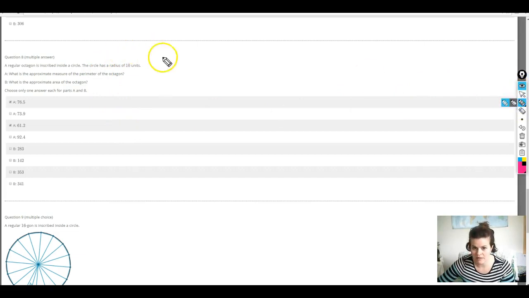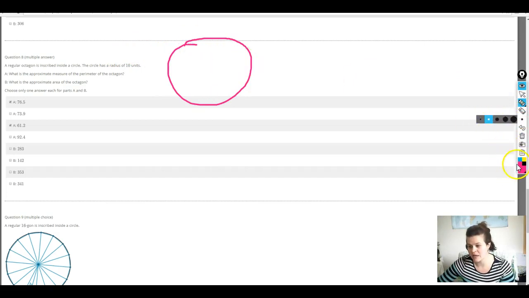So in my head, I am visualizing a circle, and I know an octagon has 8 points and it's regular, so they should be the same distance apart. And I struggle with drawing octagons. 1, 2, 3, 4, 5, 6, 7, 8. So that's how I would draw my octagon.